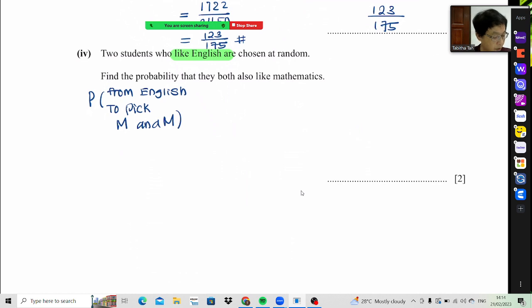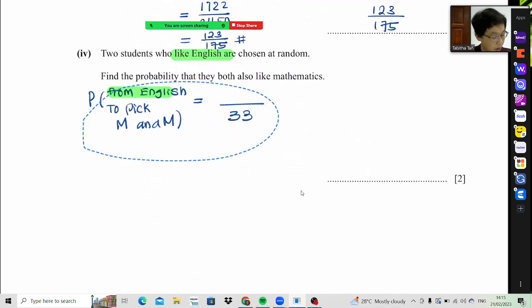Okay, so now with that aside, from English group, meaning your denominator, the first pick will be 33.